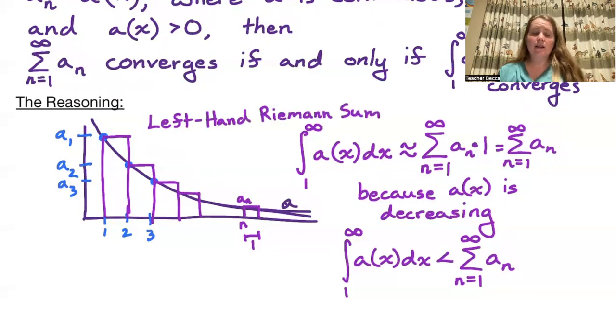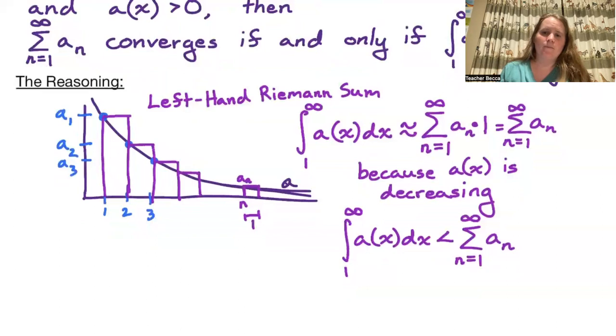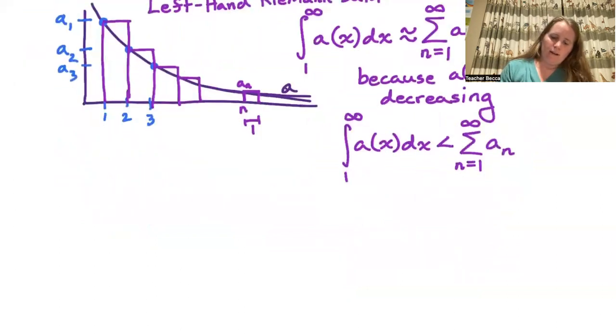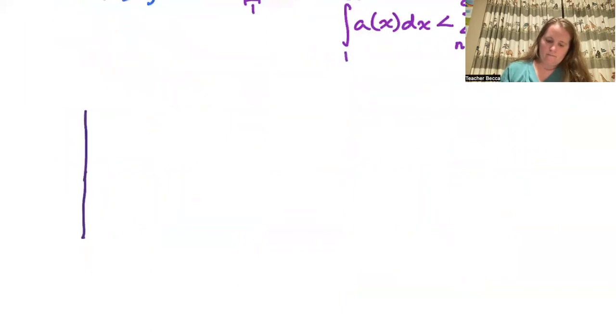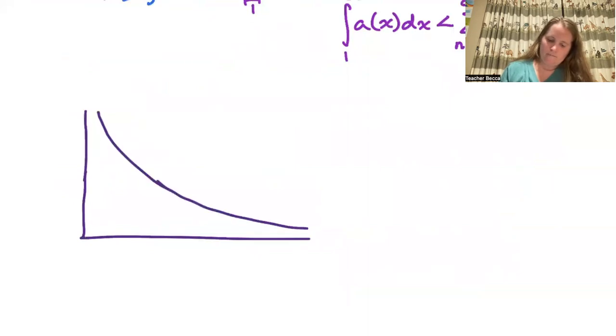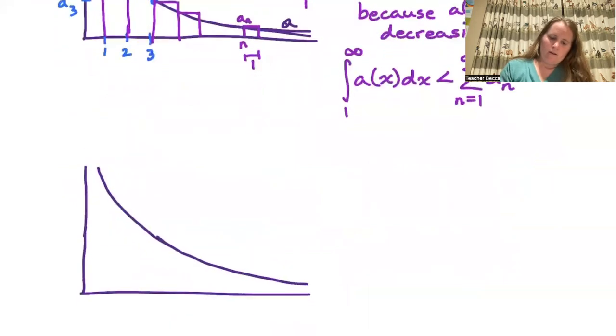And then we can do the right-hand Riemann sum as well. So for the right-hand Riemann sum, once again, we have our curve, we put in our y values. So at 1, the y value is a sub 1.